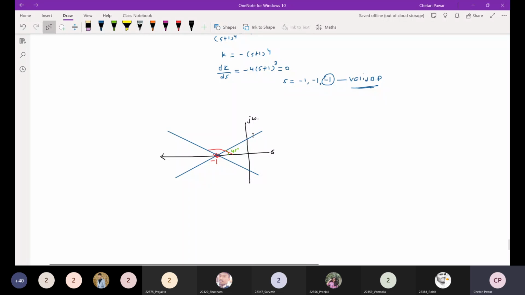One pole will follow this asymptote, another pole will follow this asymptote, and similarly the other poles will follow the other 2 asymptotes. So if I draw the root locus branch using this blue color, it will be like this.